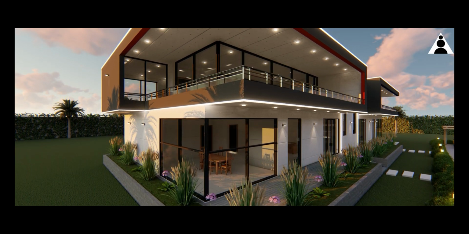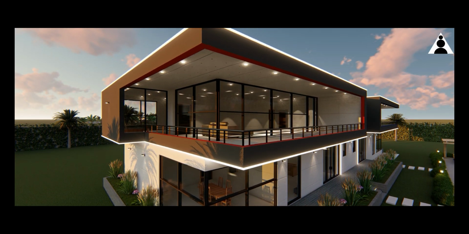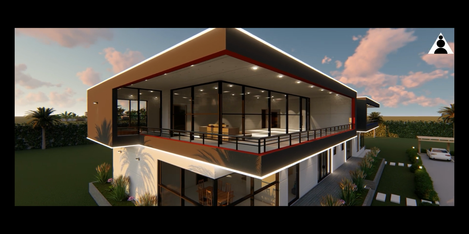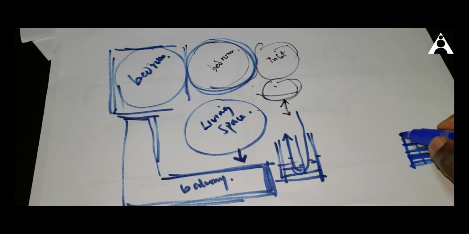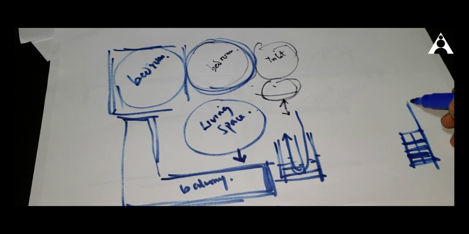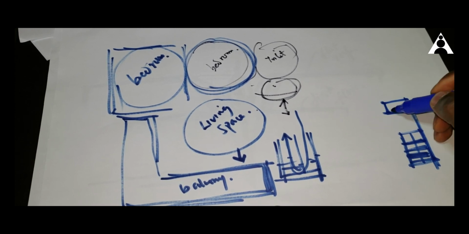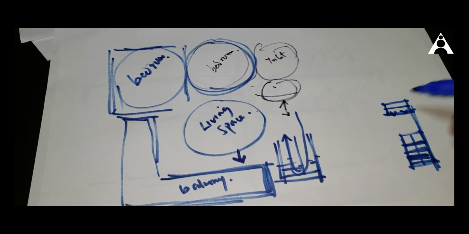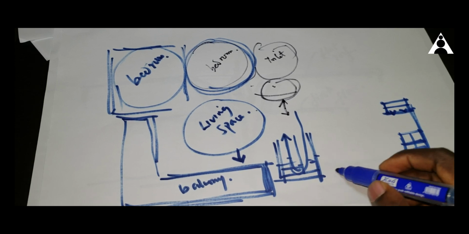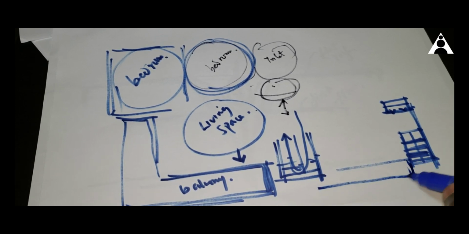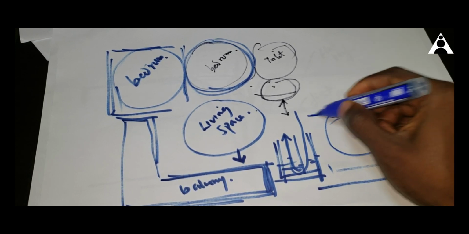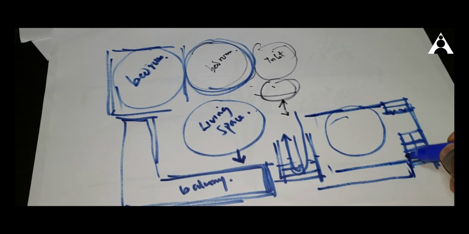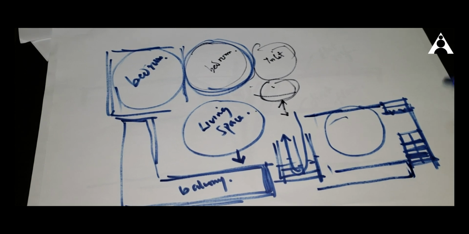Effectively, what this upper floor does is, from the staircase area, this is the staircase area. There is a wall here, and then this automatically becomes a closet of some sort. And then there is a balcony at this point, and this whole area effectively becomes the living space where the children can hang out, the family and all that.